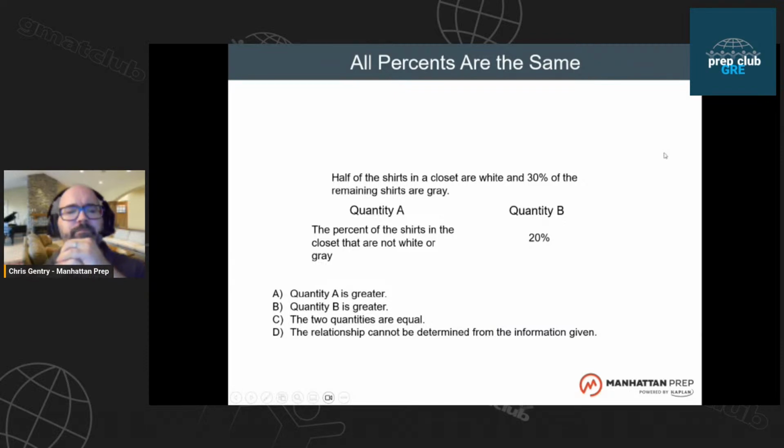Everyone take a moment. Try this problem. Type in an answer choice whenever you have it, please. I want to make sure that everybody has enough time to consider the problem.